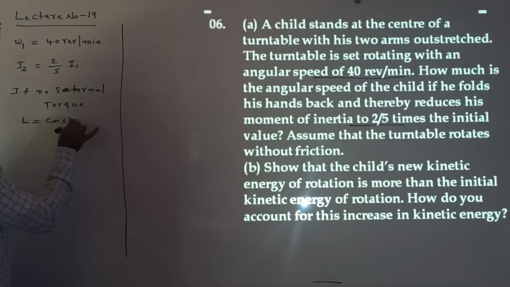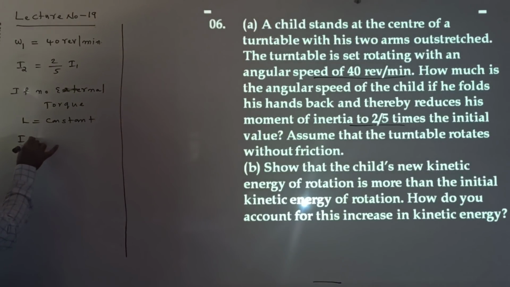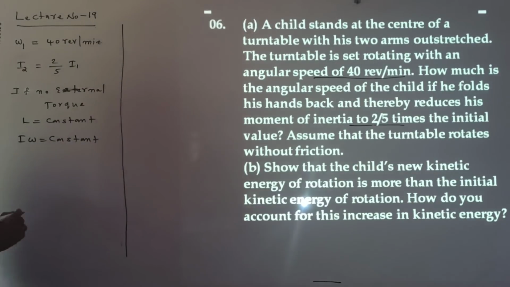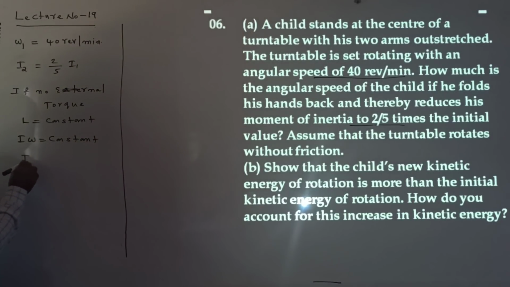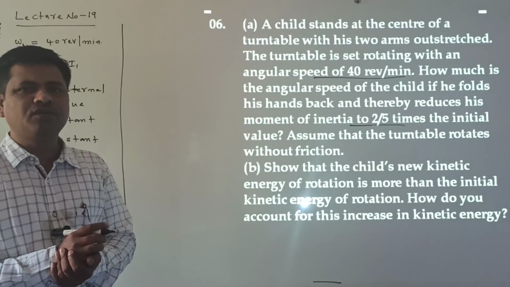L is equal to constant, which means I omega is equal to constant. So I1 omega 1 is equal to I2 omega 2. This is the condition we know.